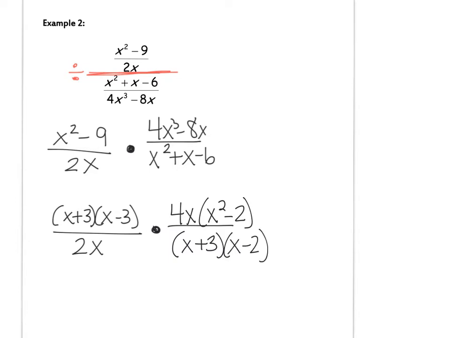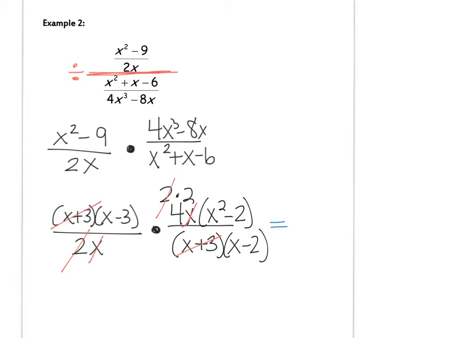And then we look for anything that makes 1. We have x plus 3 and x plus 3. We have x and x. And we have 4 and 2. 4 and 2, of course, don't cancel each other out, but if we think of a 4 as a 2 times a 2, then that 2 and one of those 2's will simplify away.